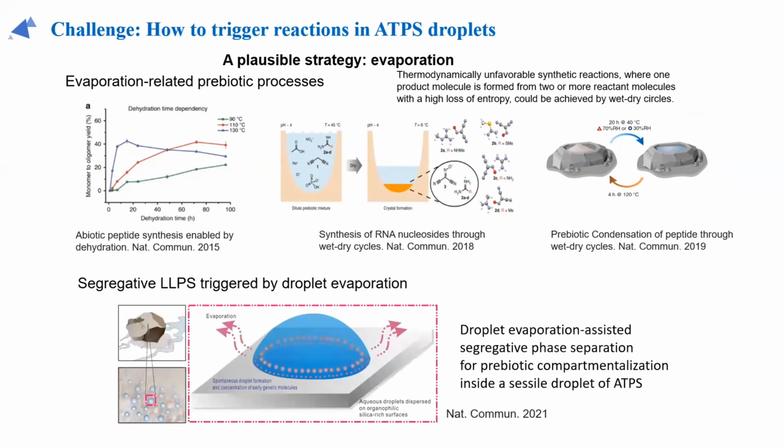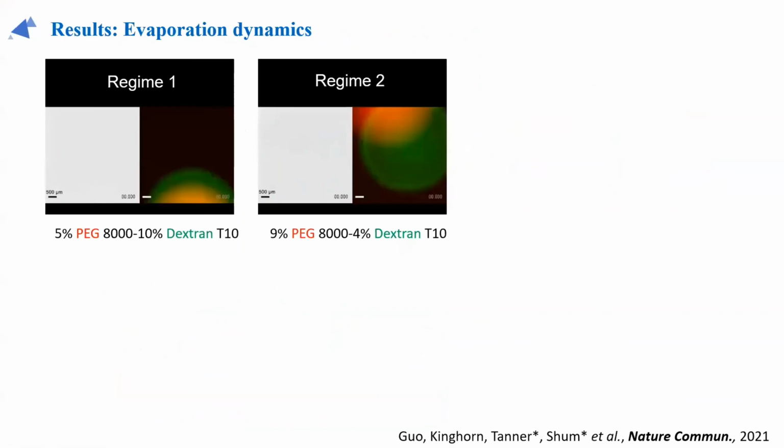And we have done a work to study this by putting the components in a droplet, and then by using evaporation, we try to assist the segregated phase separations and try to mimic the prebiotic compartmentalizations. So let me go into detail about this.